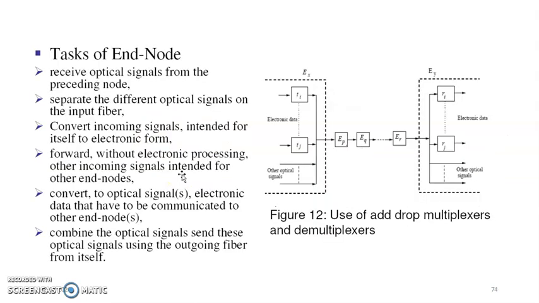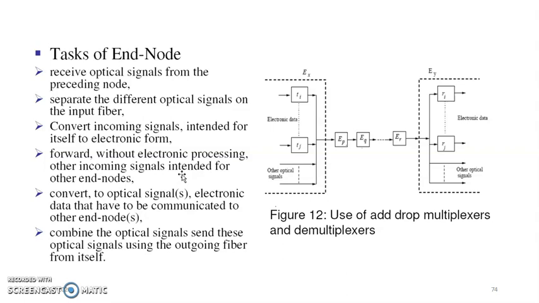Task of an end node: receive the optical signal from the preceding node, and separate the different optical signals on the input fiber. So we use a grating technique, fiber grating technique, or filtering to separate the optical wavelengths. We call it a wavelength separator, or fiber grating.